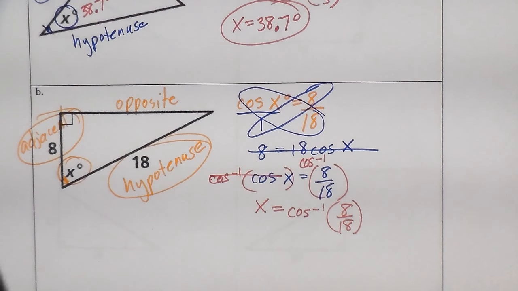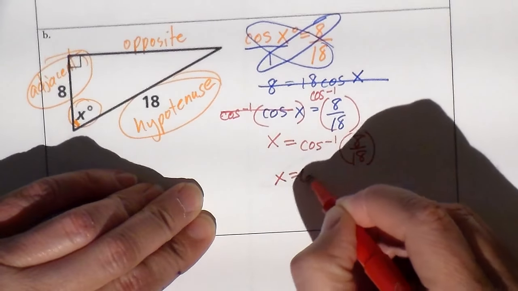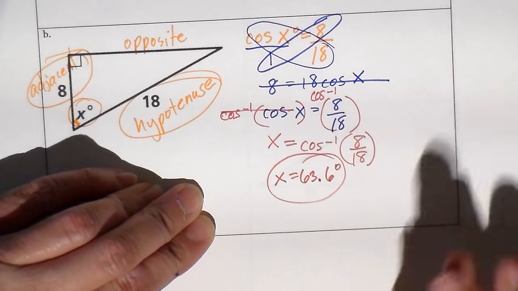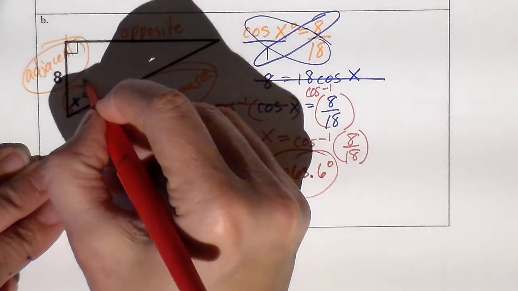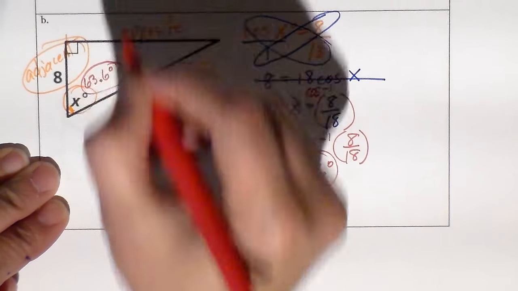So I'm going to go to my calculator, and I'm going to hit second cosine, and then 8 divided by 18, and that's going to give me 63.6 degrees. So this angle over here is 63.6 degrees. That's how you find your angles.